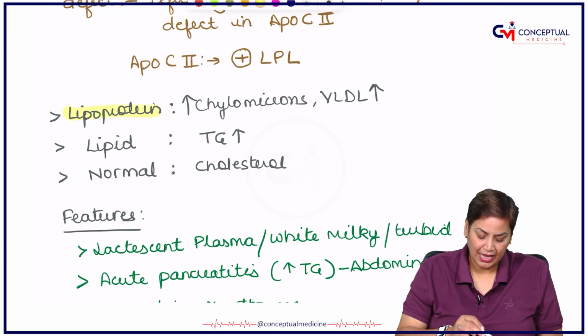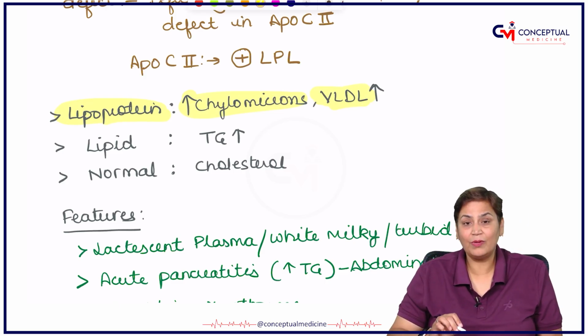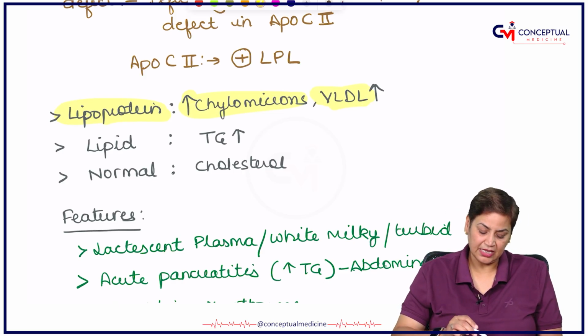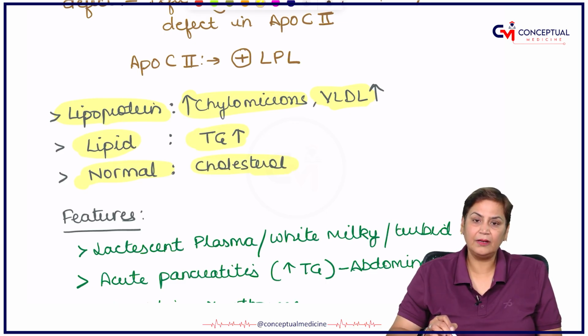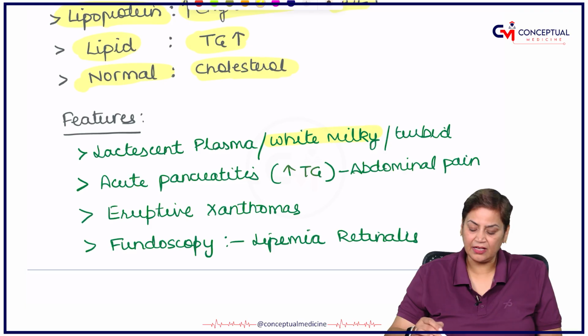If we talk about the lipoproteins, the elevated ones are chylomicrons and VLDL. We know that chylomicrons have exogenous TGs, VLDL have endogenous TGs. So the lipid which is accumulated is TGs, but the cholesterol level will be normal. Okay, and if we talk about the features, white milky turbid plasma will be there, and the person will suffer from acute pancreatitis.